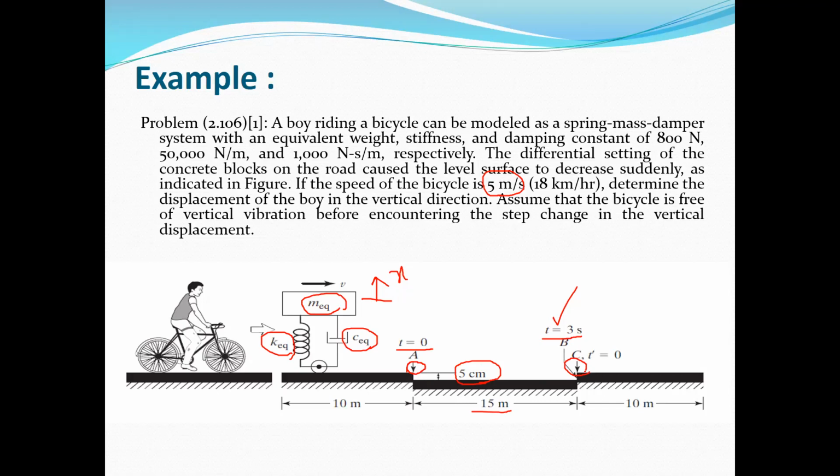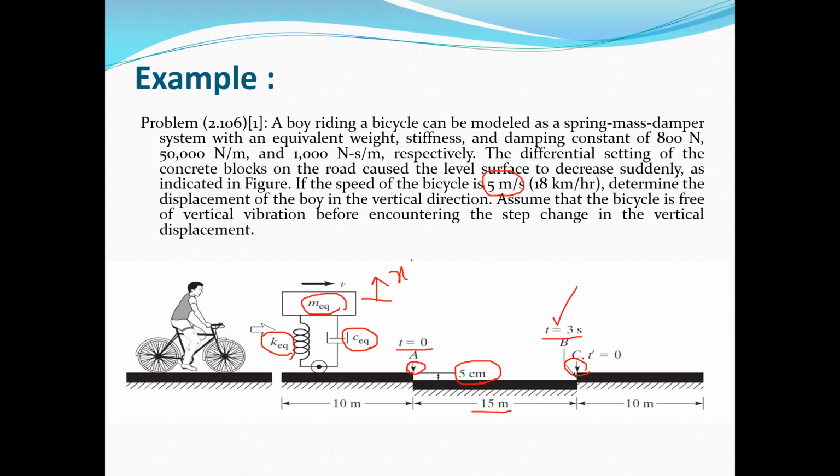So first you need to solve the equation for point A. At t equal to 0, by assuming that there is no vertical motion before this change in the surface, the initial velocity is 0. I mean, this mass before point A doesn't have any motion in x direction and is completely at rest.